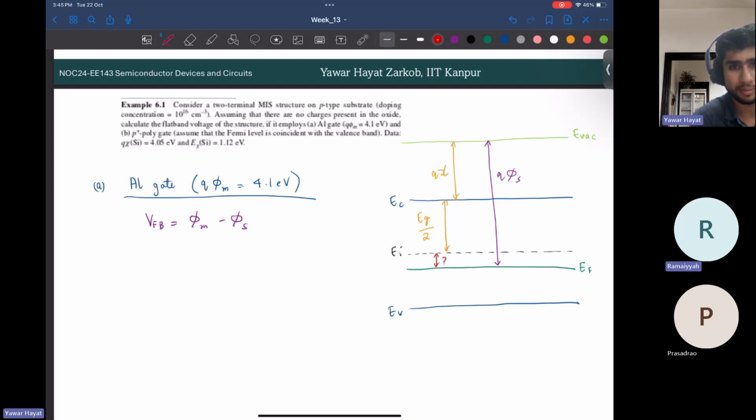What is the hole concentration expression? Hole concentration equals Ni times exponential of... Tell me that. P equals Ni times exponential of Ei minus Ef by kT.